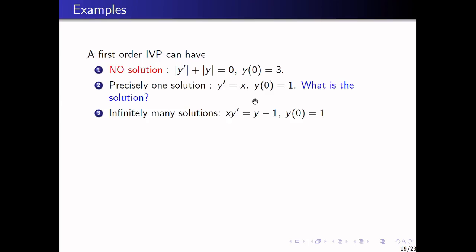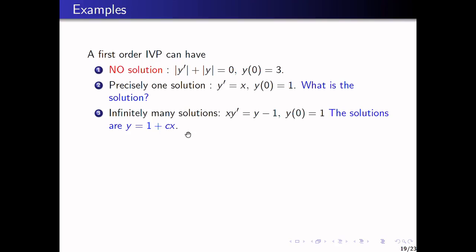Now, sometimes the initial value problem may have infinitely many solutions. Look at this example. x times the first derivative of y is equal to y minus 1. And the initial condition is y(0) is equal to 1. The solution of this differential equation turns out to be y is equal to 1 plus cx.